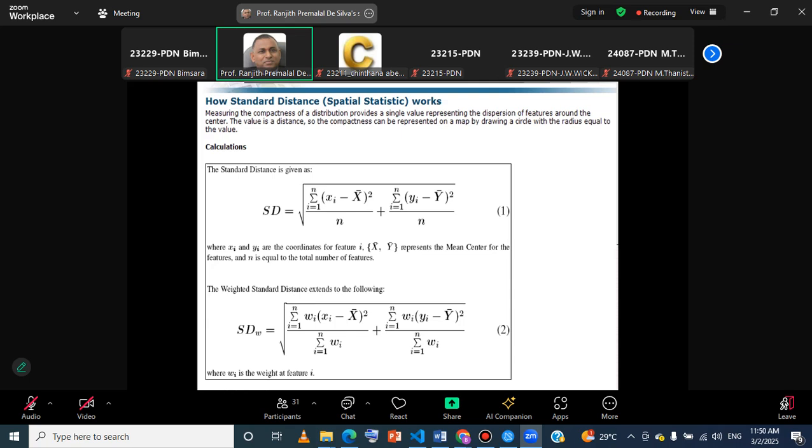In addition to the first equation, what you have is Wi and then the total of Wi at the bottom. So it's not a big deal, it's very simple.